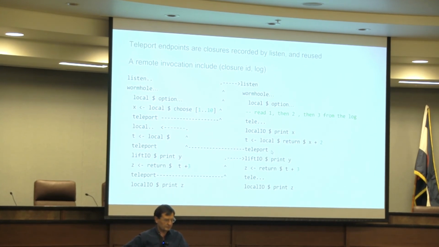But we also transport something additional, and it is a closure identifier. That way, when the remote node responds in another teleport, which returns its log to the calling node, instead of sending the whole log from the beginning, it tells the calling node that this log applies to a certain closure, which is the one that has to interpret the log.